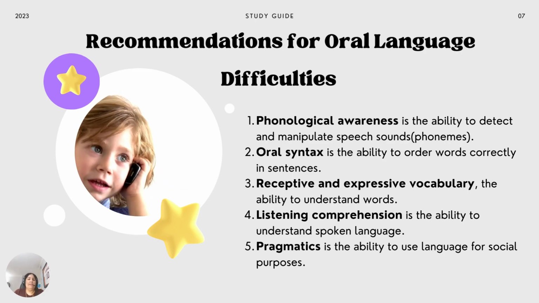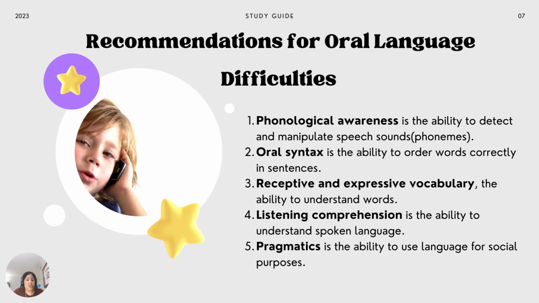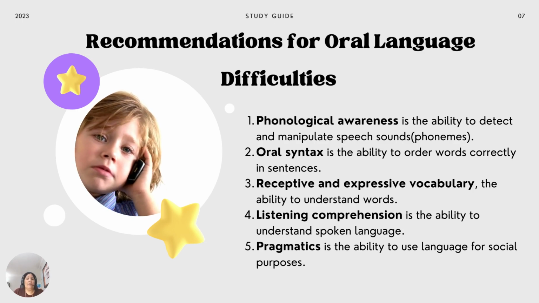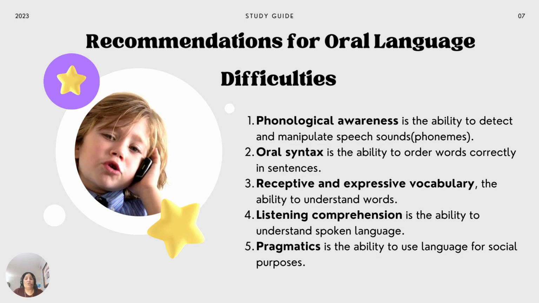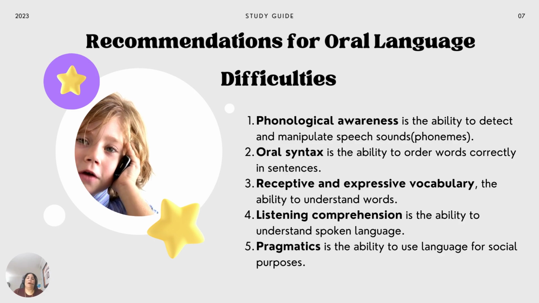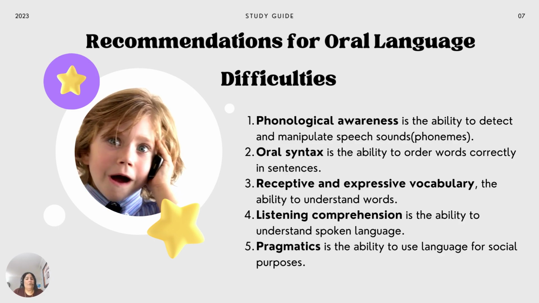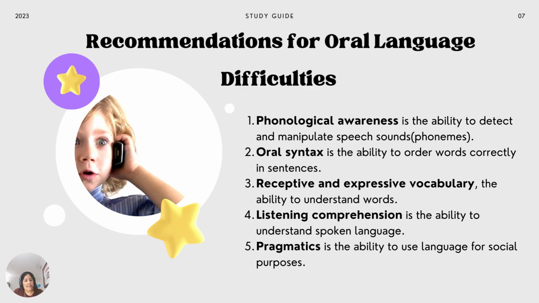Recommendations for oral language difficulties. In this case, we can talk about phonological awareness, which is the ability to detect and manipulate speech sounds, which are phonemes. We also can make recommendations about oral syntax, which is the ability to order words correctly in a sentence.